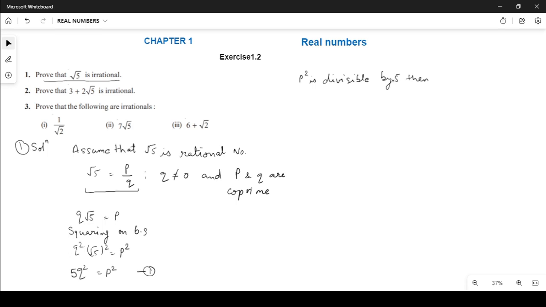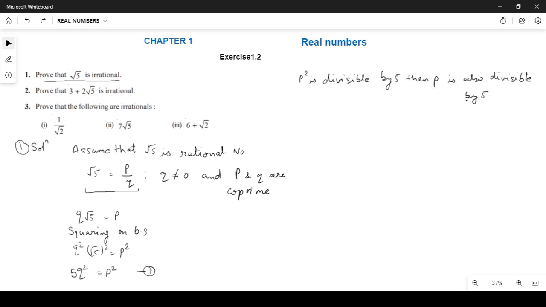किसी की square अगर 5 से divide हो रही है, that means that number is also divisible by 5. So p is also divisible by 5, right?